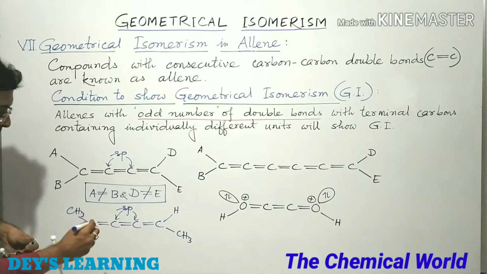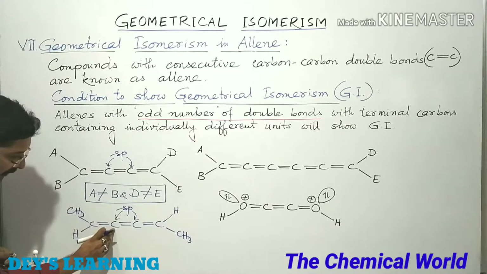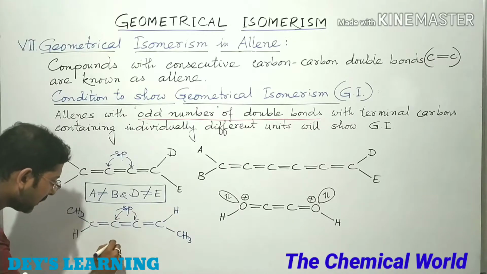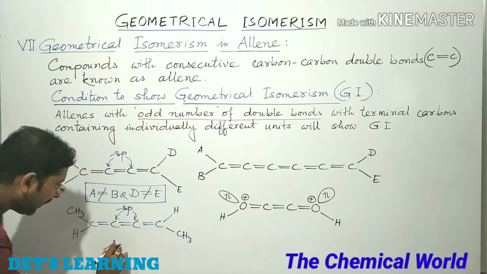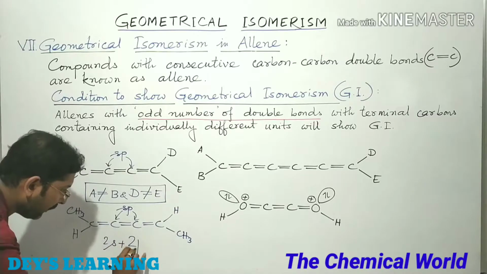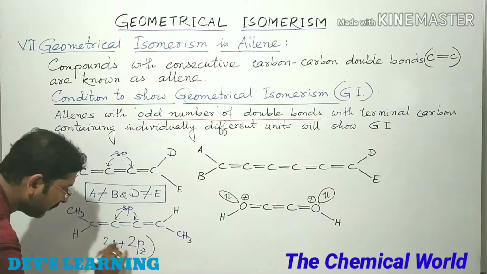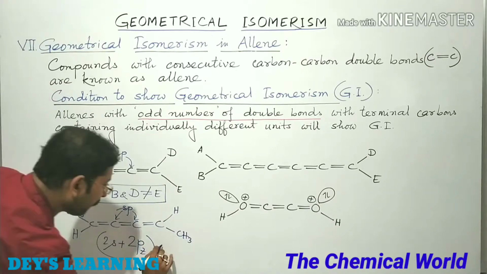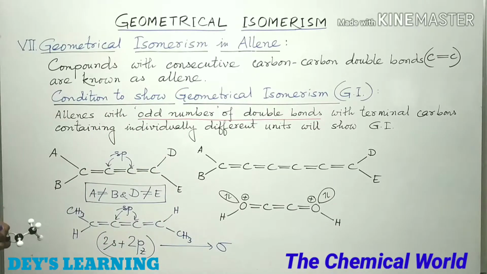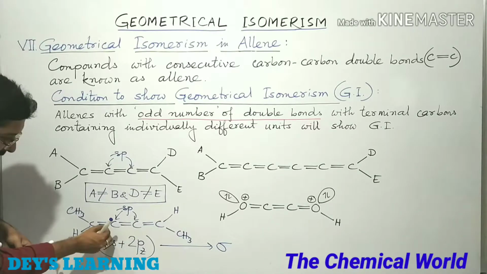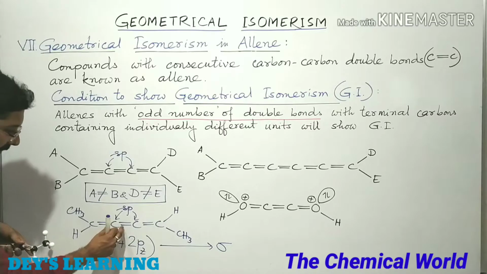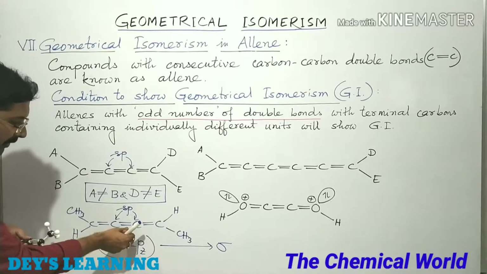Say for example, this carbon has s and p, say the 2s orbital of carbon and, say, 2pz. These two orbitals are for the sigma bond formation. So this bond is sp, this bond is sp, this bond is sp.